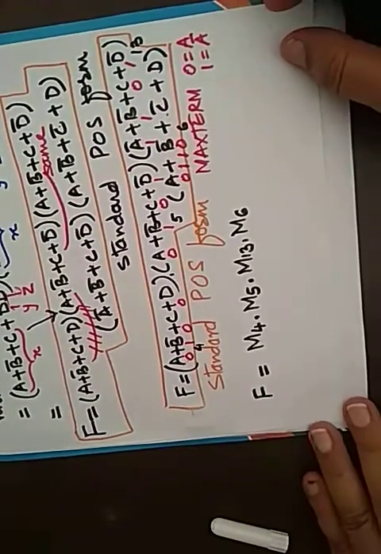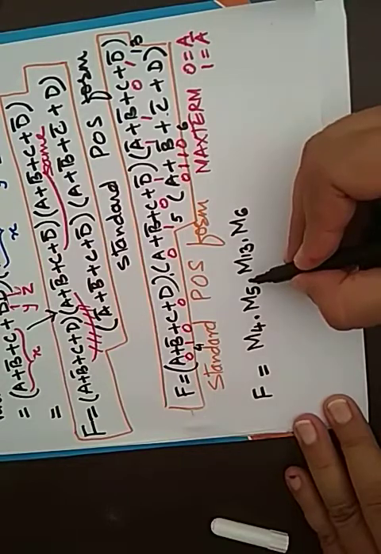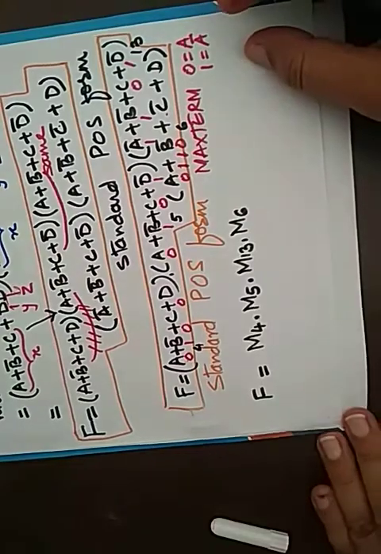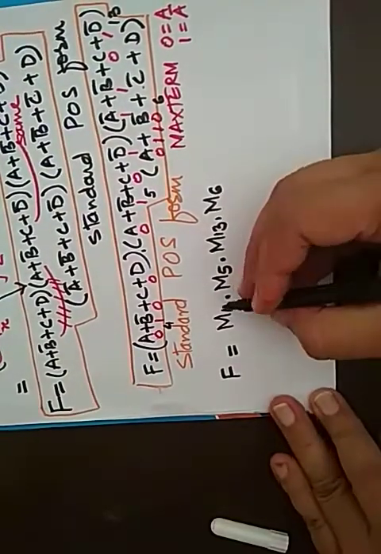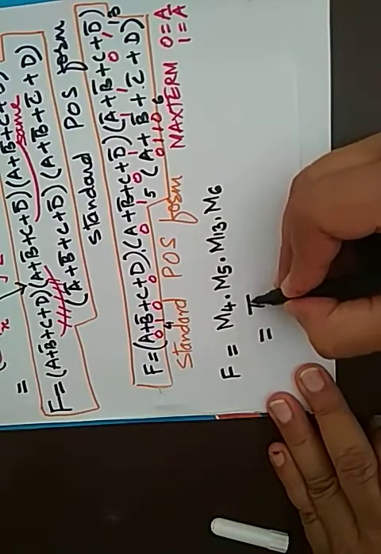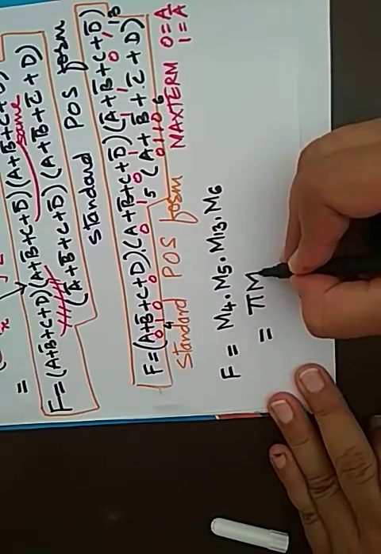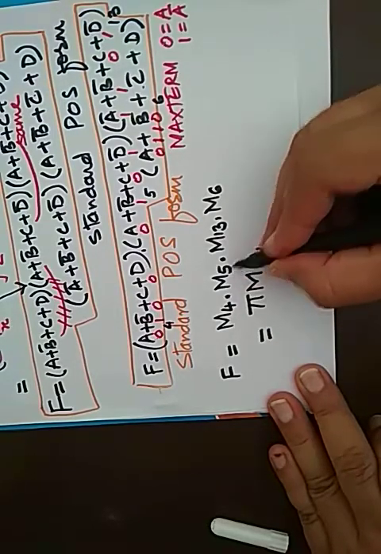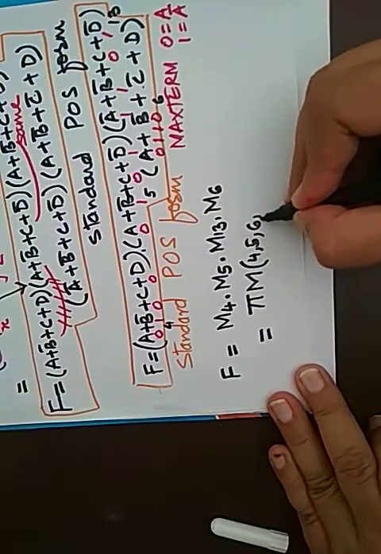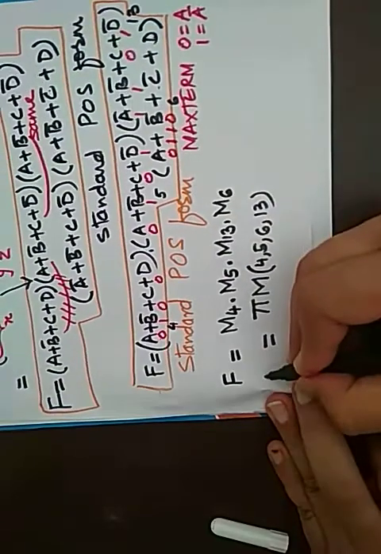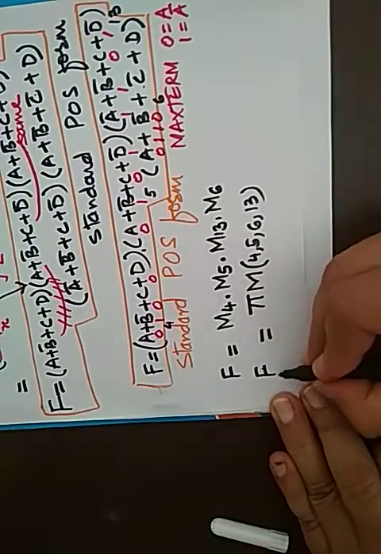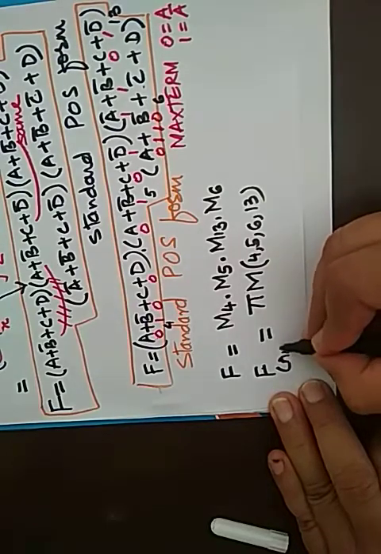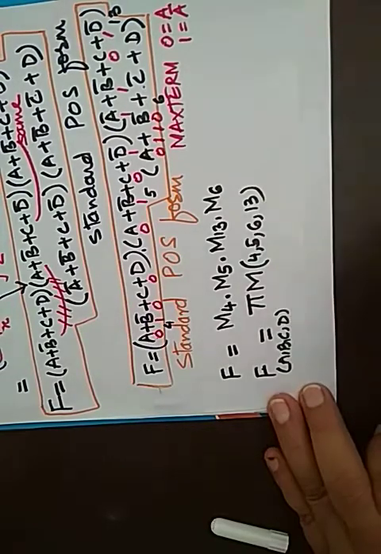And to write it in the pi form, you see this is a product, M4 dot M5 dot M13 dot M6. This can be written in the pi form. This is a product. So you say pi for the product of the max terms, and you write the max terms in sequence 4, 5, 6, 13. And on the left hand side you write f, and you know that if there are terms up to 13 or 14 or 15, it is a 4 variable function f, a, b, c, d.